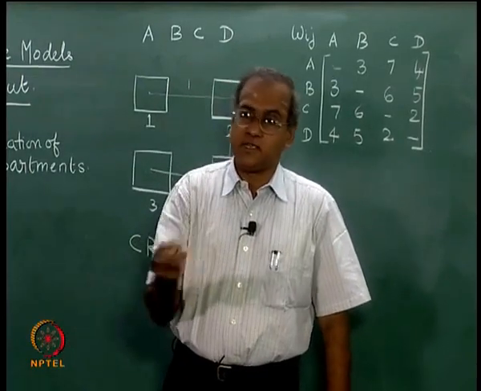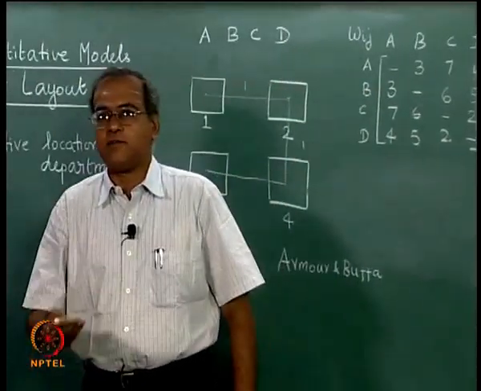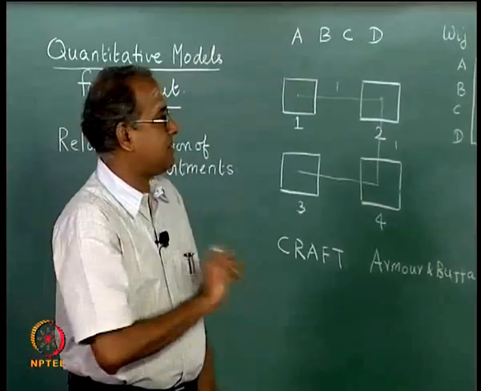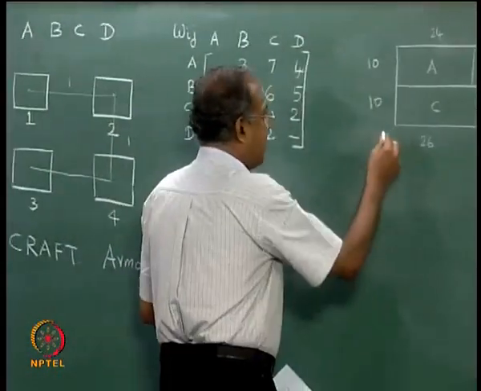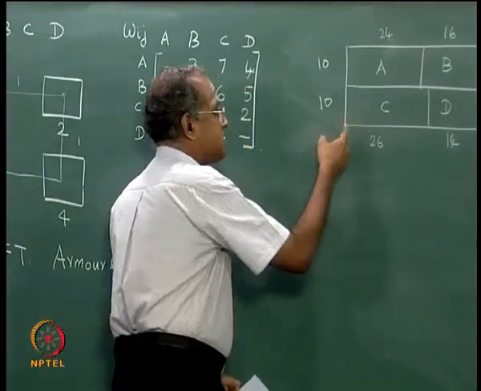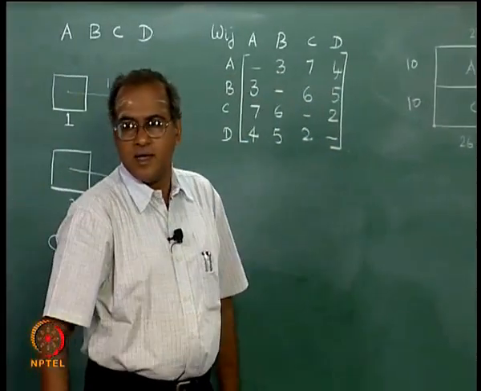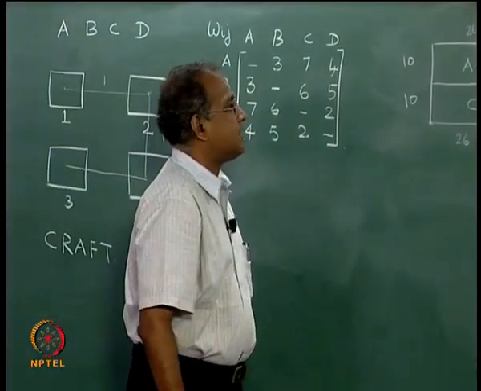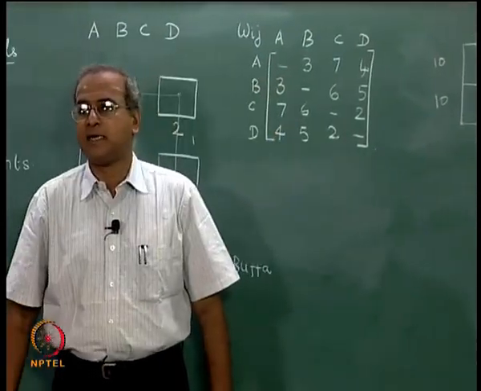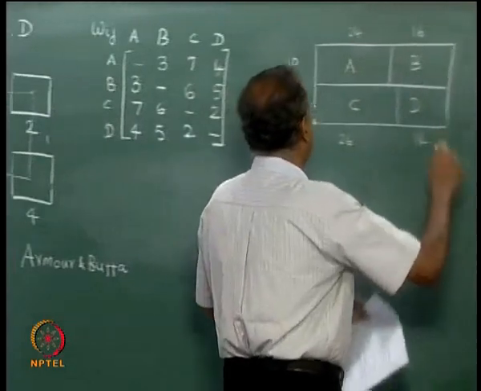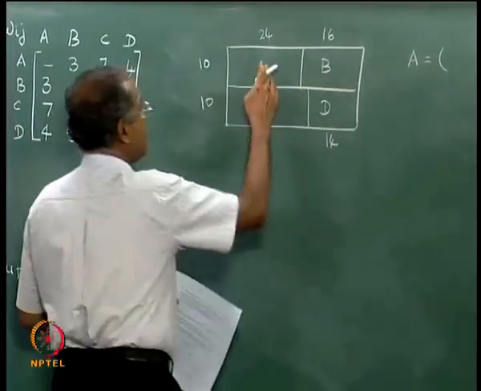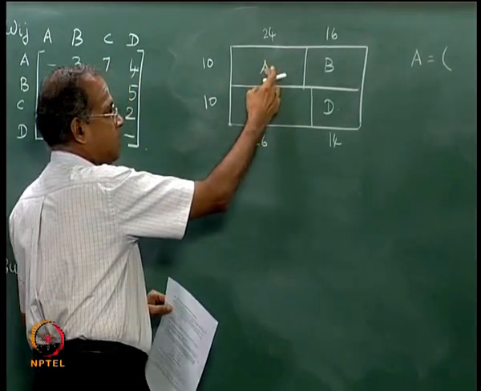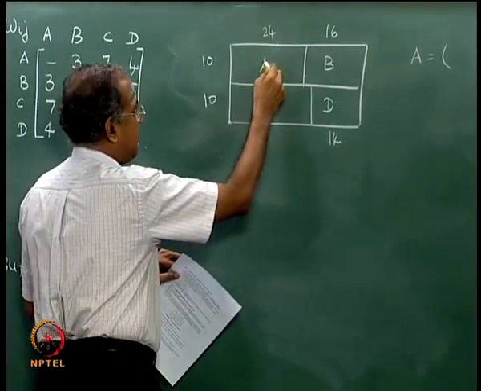So, this is an initial layout that we create. Now, we want to see whether this is the best layout or whether we can have other layouts better than this. To begin with, we keep this point as a reference point or origin, and then we try to find the centroids of A, B, C and D. The centroid for A will become 12, 15, because this is the midpoint.